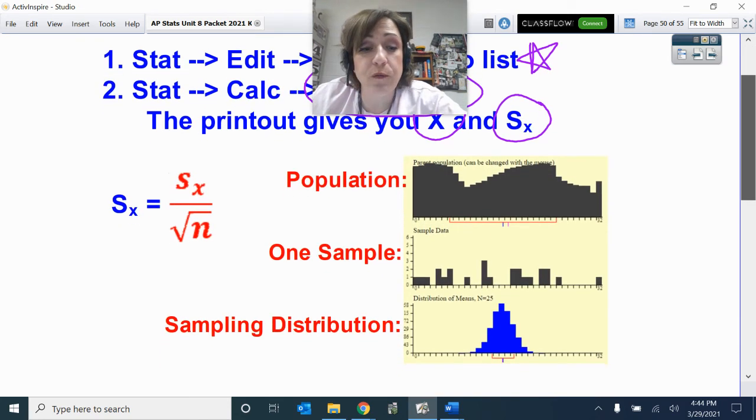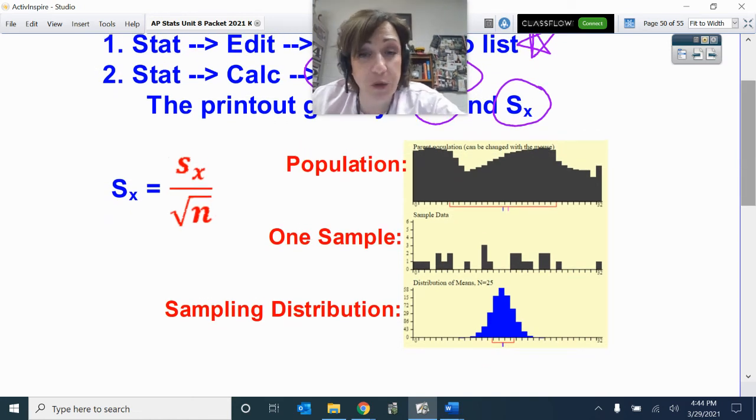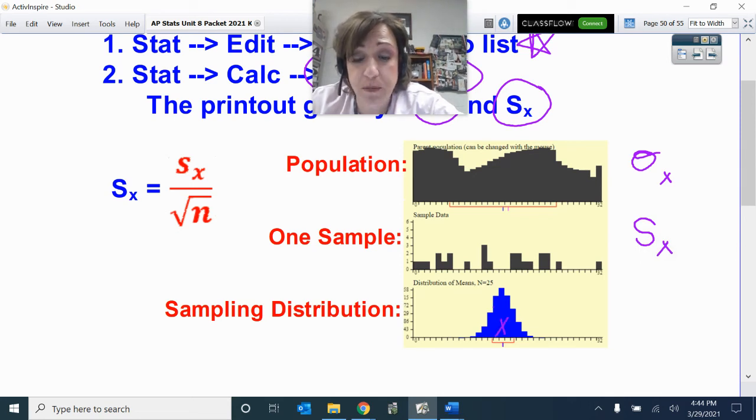I wanted to remind you of one other thing. Let's talk about different standard deviations. The standard deviation of the population would be sigma of X. Then you have one sample from that population, and that standard deviation is S of X. But this blue picture down here is a whole bunch of x-bars. This is a sampling distribution of sample means.